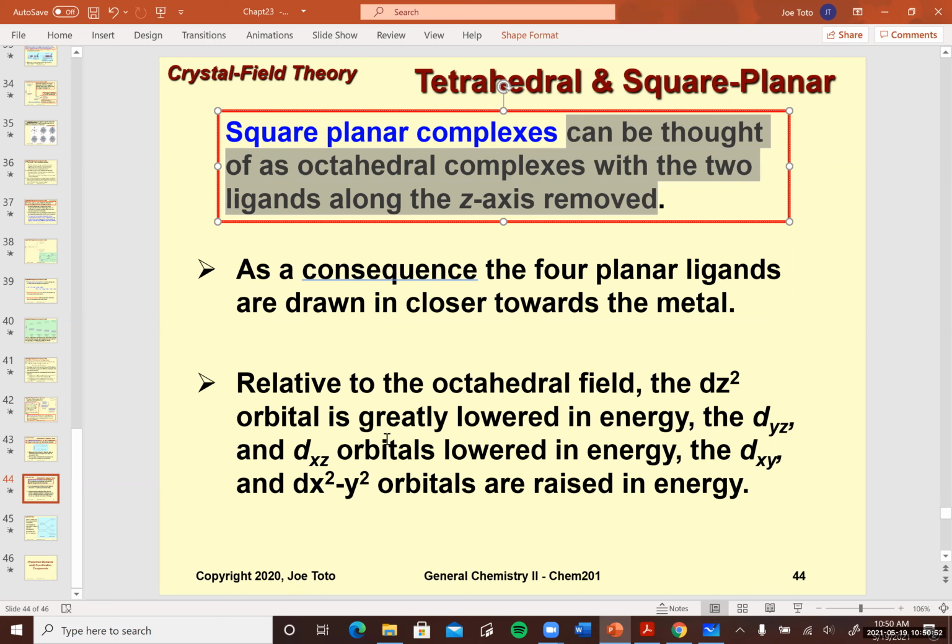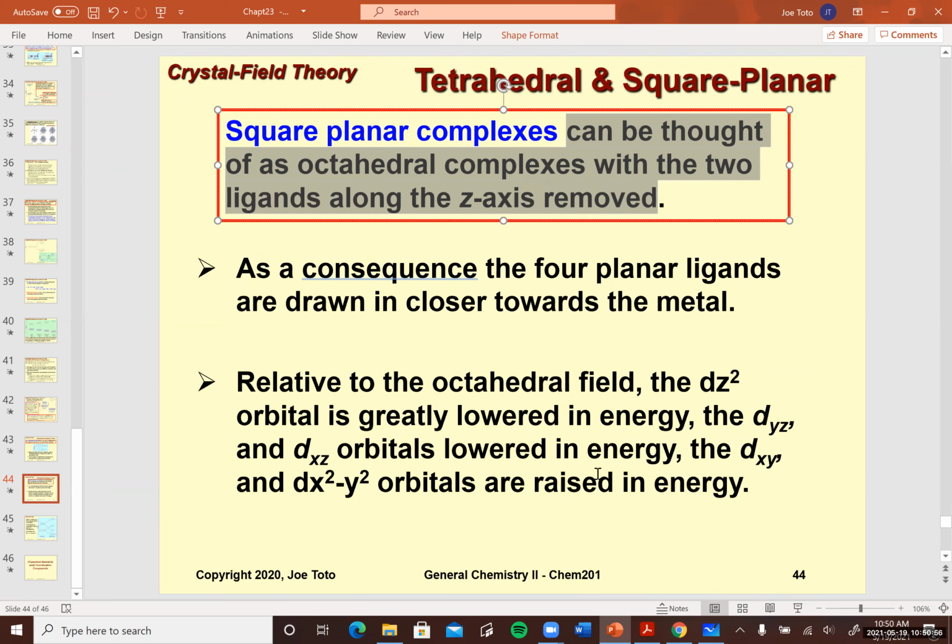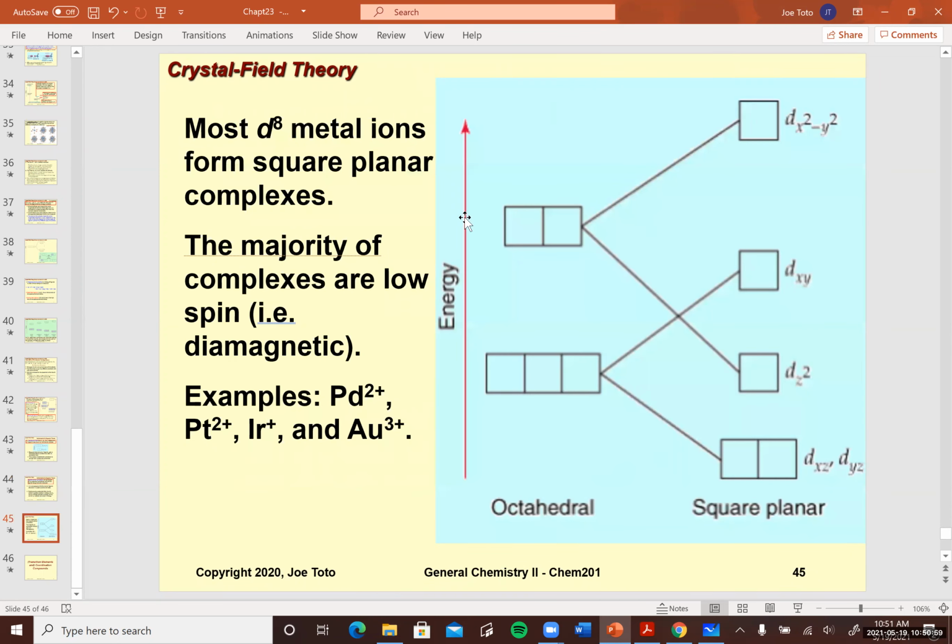And anything with the X and Y nature tends to go up in energy. So it looks just like an octahedral field where the axials are above the off-axial orbitals, except anything with Z nature, like the dz squared, goes down in energy. Anything with X and Y goes up in energy, here because of the Z here, it goes down a little bit in the square planar.